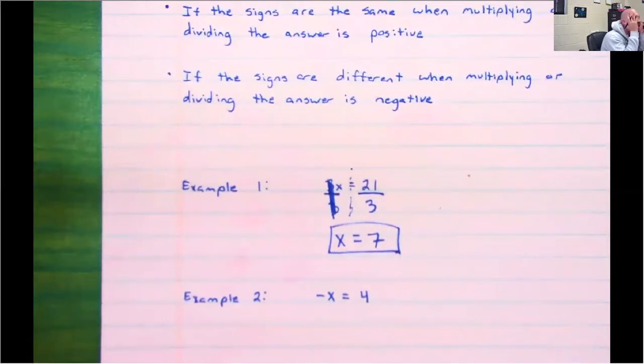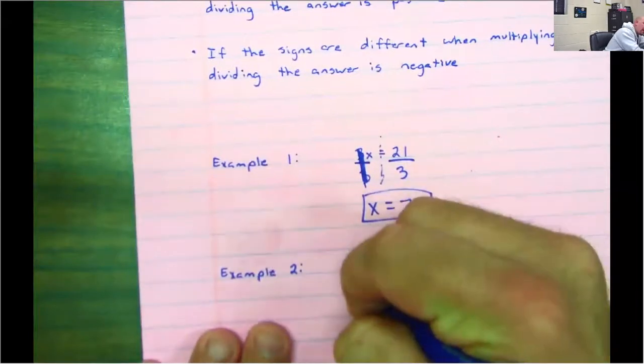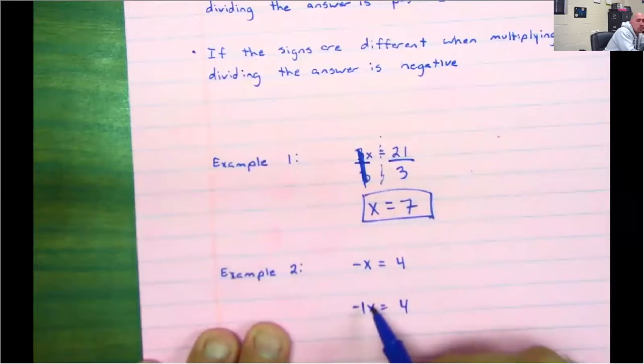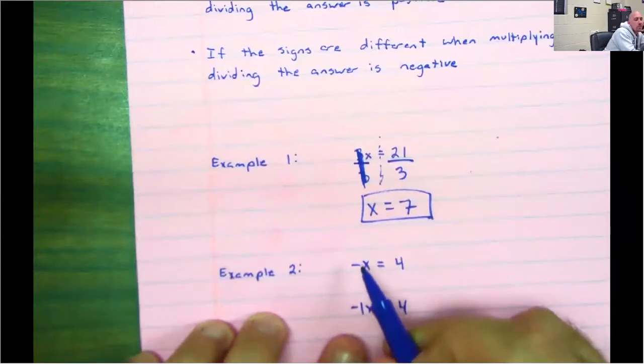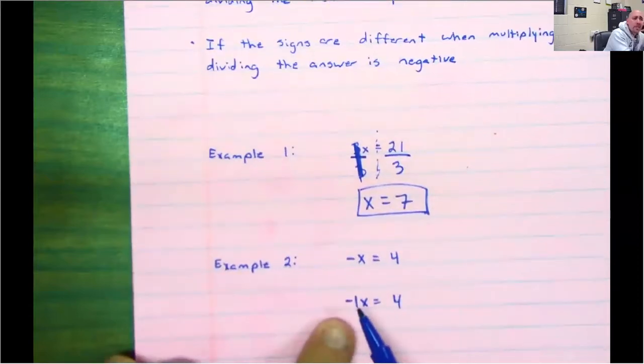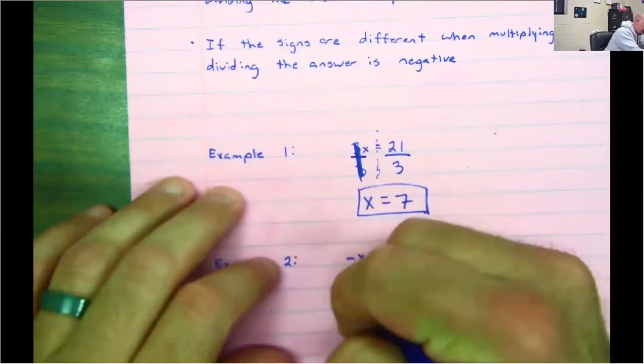This next one, oh my God, I got a negative x. Mr. Nolan, what does negative x mean? All right, guys, how many x's do y'all see here? We all see 1. So I'm going to rewrite this. Negative x is the same as negative 1x. The only reason you don't see the 1 is it's assumed there's a 1 already in front of there. Well, again, the negative 1 and the x that are attached, they're multiplying. Inverse of multiply is to divide.